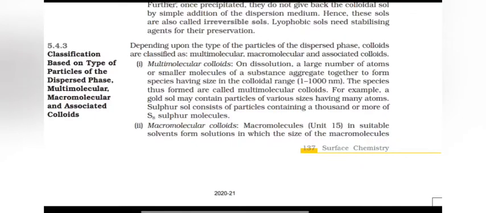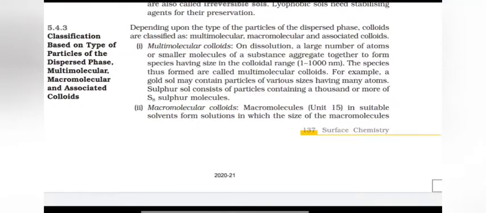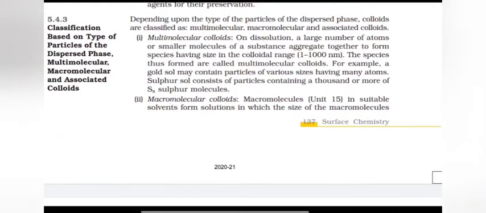On dissolution, a large number of atoms or small molecules of a substance aggregate together to form species having size in the colloidal range, 1 to 1000 nanometer. The species thus formed are called multimolecular colloids. For example, a gold sol may contain particles of various sizes having many atoms. Sulfur sol consists of particles containing 1000 or more S8 sulfur molecules.